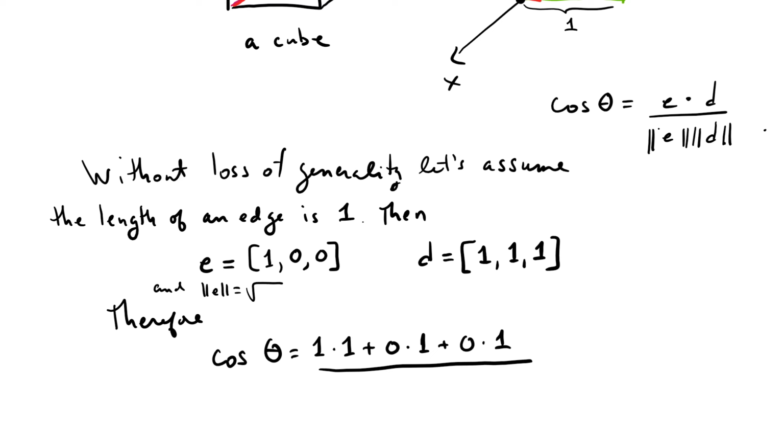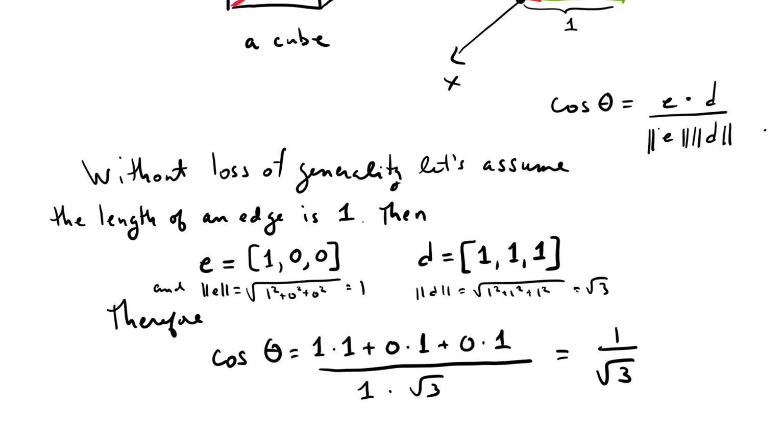Well, what is that? That's the square root of 1 squared plus 0 squared plus 0 squared. So that's, of course, 1, right? And the norm of D, that's the square root of 1 squared plus 1 squared plus 1 squared. That's root of 3. So below here, we'll find 1 times root of 3. So overall, we have 1 over root 3 for the value of the cosine.